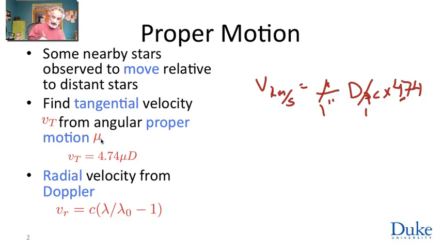So that's the meaning of this rather dimensionally confusing expression that we have here. This is how we measure a star's transverse velocity.